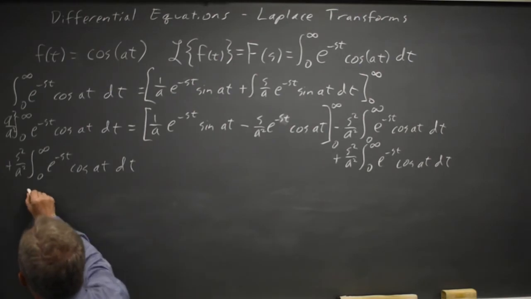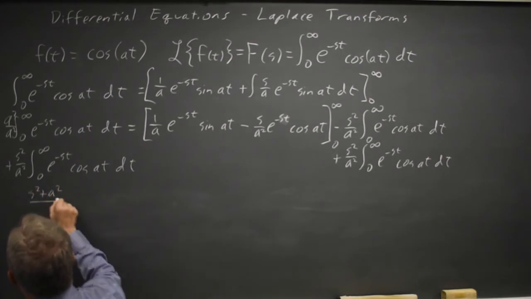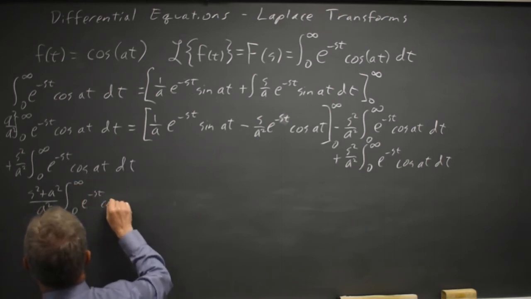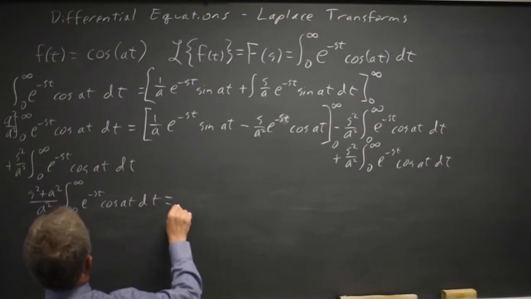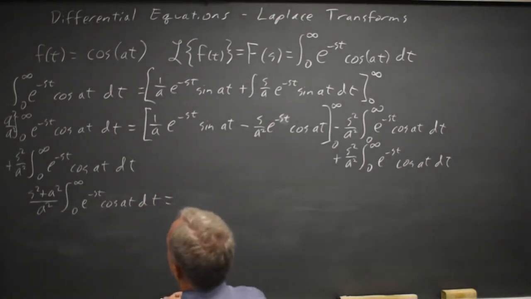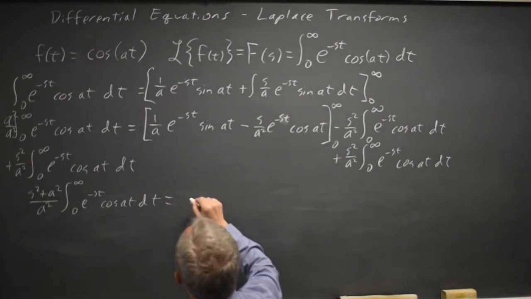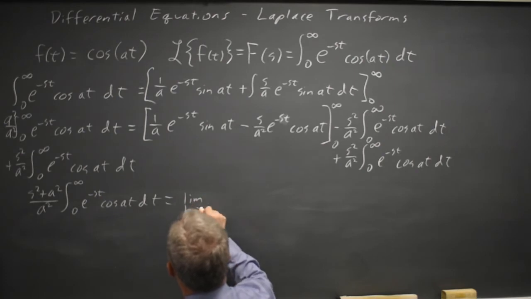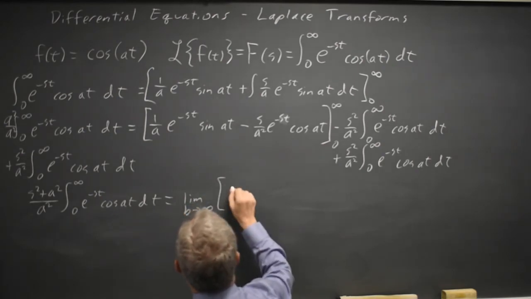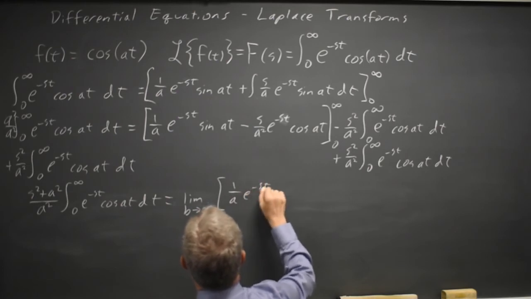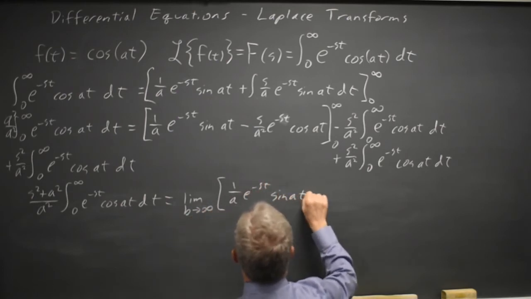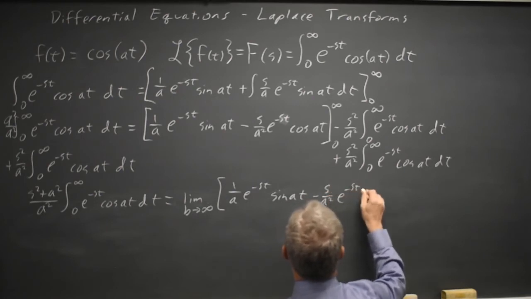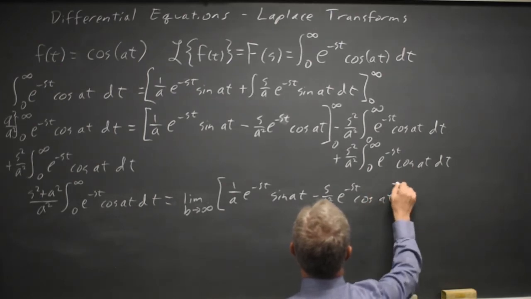So that is s squared plus a squared over a squared times the original integral equals, I'm going to write this formally as the limit as b goes to infinity of 1 over a e to the negative st sine at minus s over a squared e to the negative st cosine at from 0 to b.